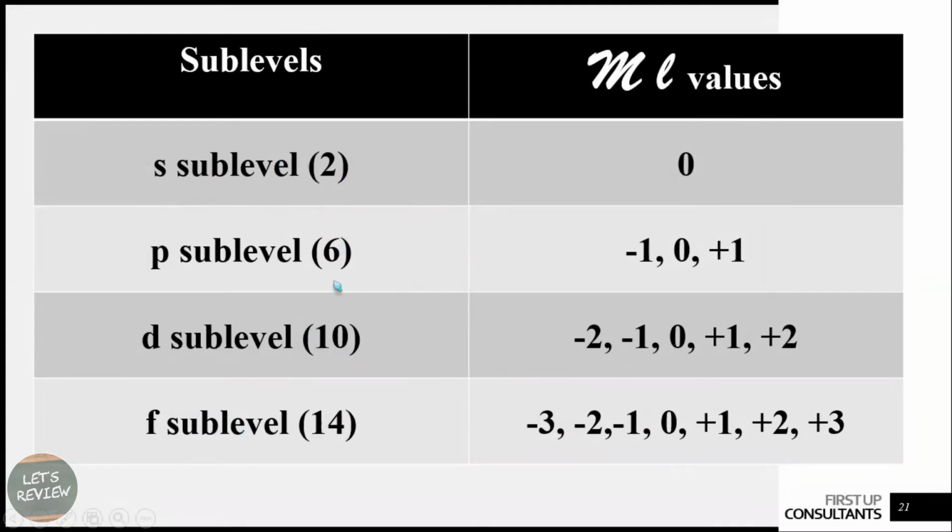Where did I get the 2, 6, 10, and 14? In the spherical shape, we only have 2 examples of that. In the P, we have the X, Y, and Z times 2, that is 6. For the D, we have 10, and for the F, we have 14.